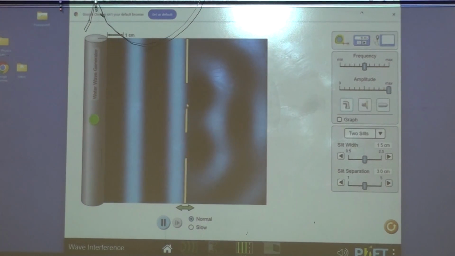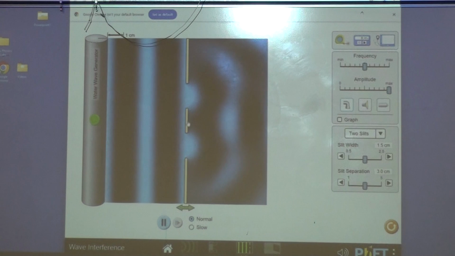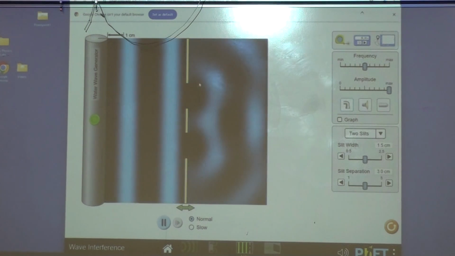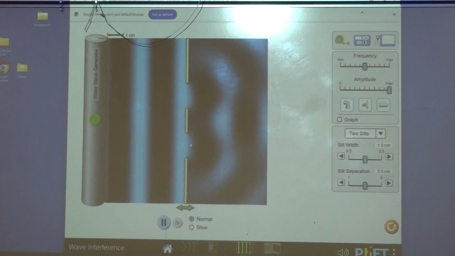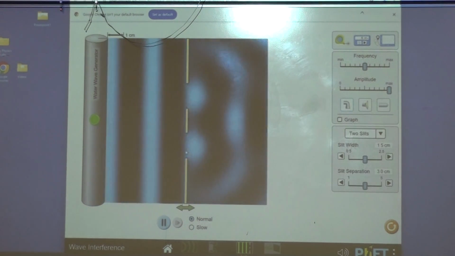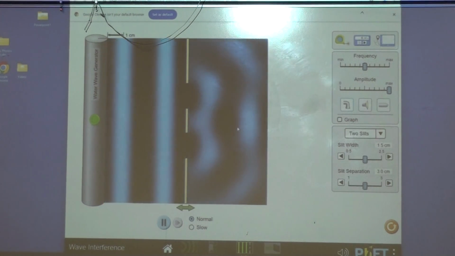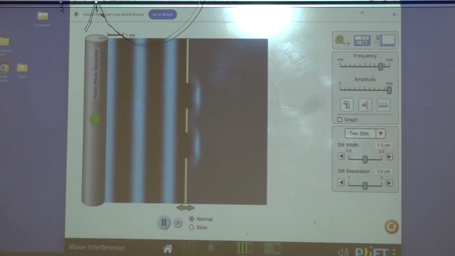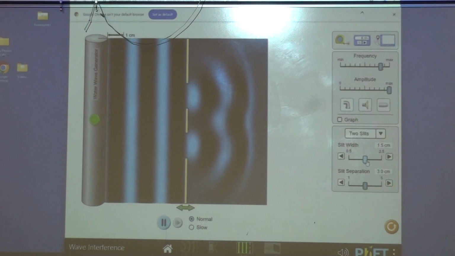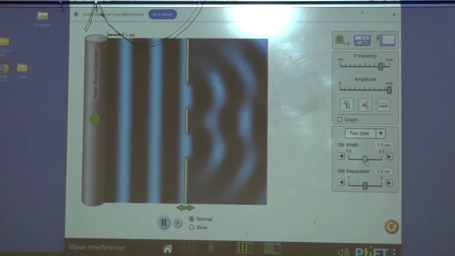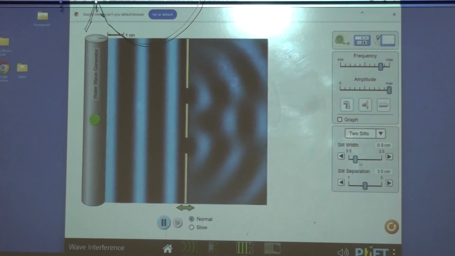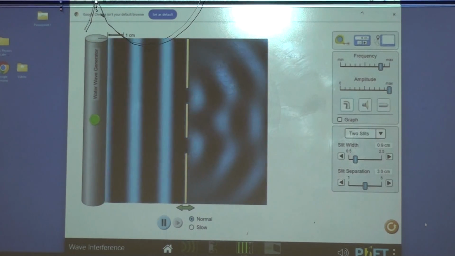As the waves travel through the slits, you can think of it as a bunch of point sources on each one of these wavefronts. They're interfering with each other. If I increase the frequency a little bit and decrease the slit width, we can see this interference pattern perhaps a little more clearly.